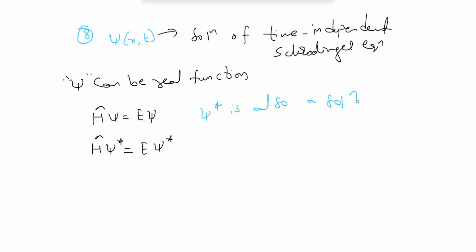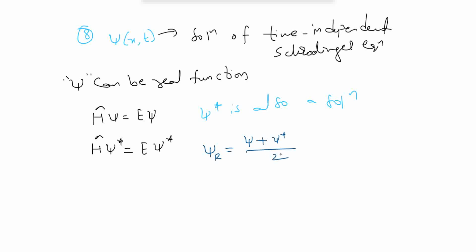Now, based on superposition, we have seen the case of a solution being a linear combination of two solutions. So psi conjugate and psi are two solutions. Suppose the real part of psi, psi r, is psi plus psi conjugate by 2.